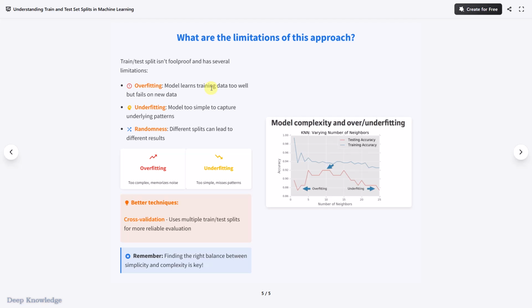So what are the limitations of train, validation, and test? Sometimes overfitting, underfitting, and also randomness. Sometimes you split the data and get different results. The important note is that each set has to come from the same distribution.